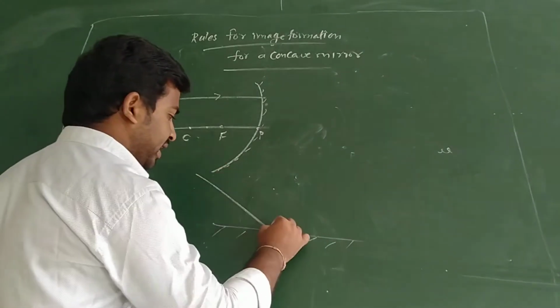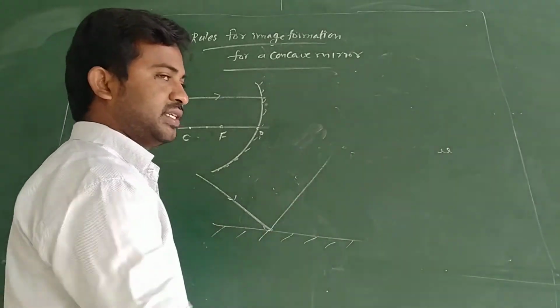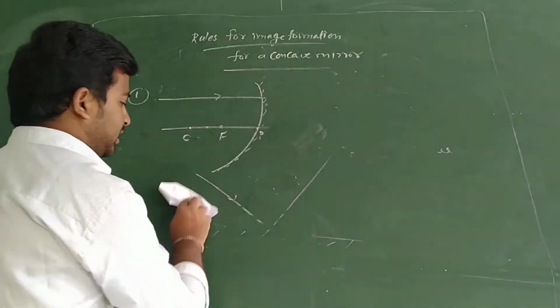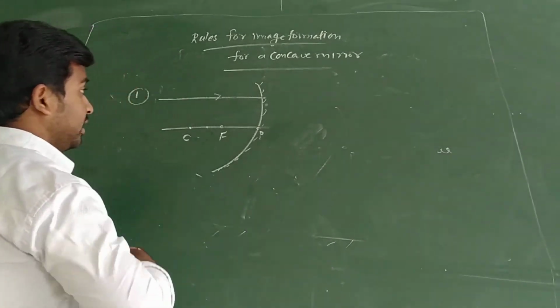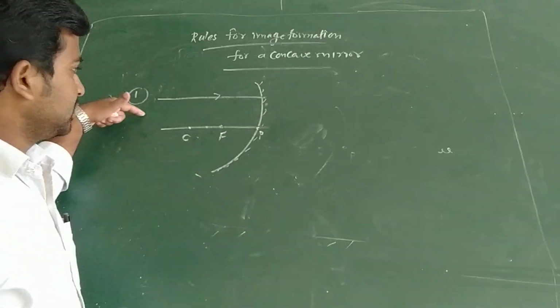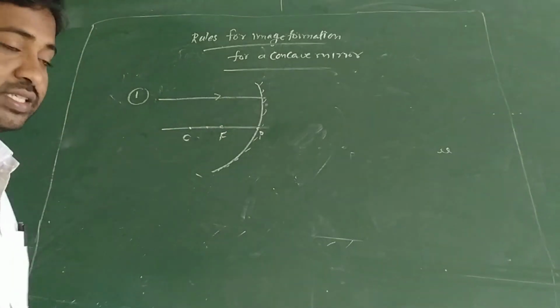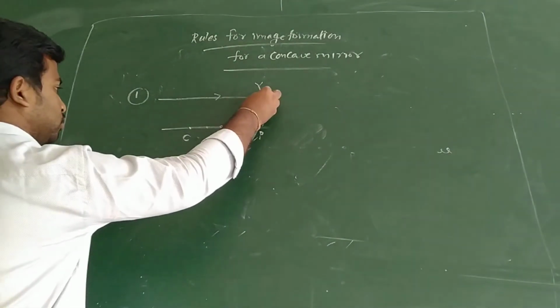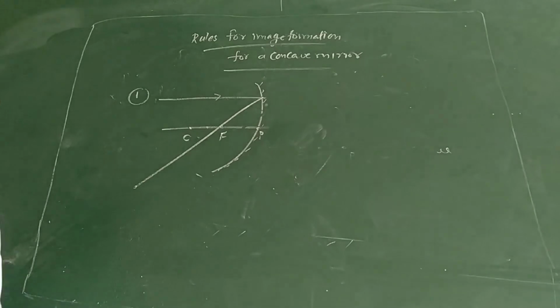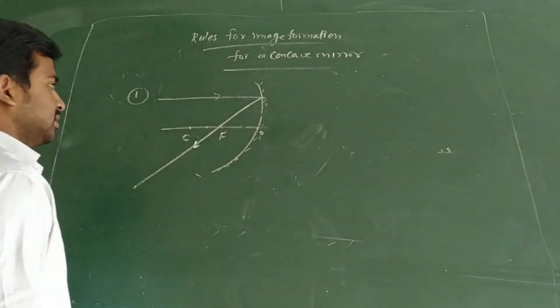Whenever I incident a light ray, compulsorily it will be reflected, because it is a polished surface. So whenever incident light rays fall on a spherical mirror parallel to the principal axis, after reflection they pass through the focus.